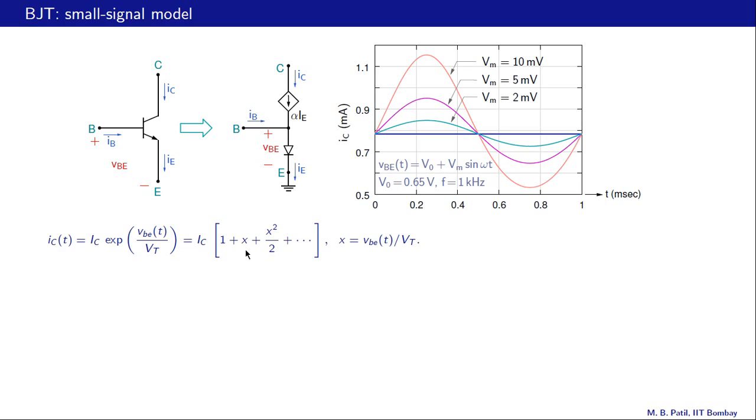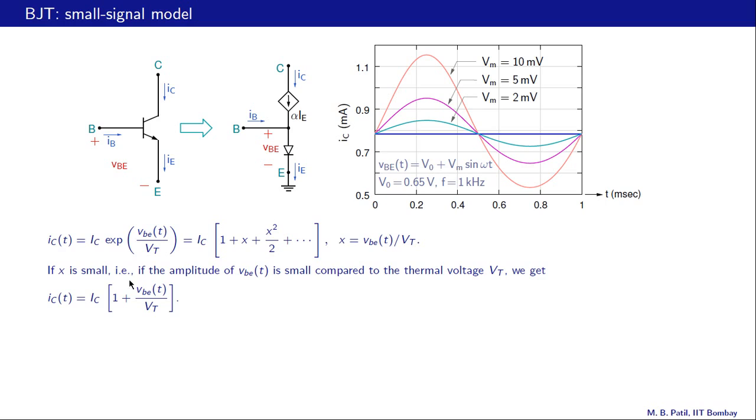Since our x is small in magnitude compared to 1, we can ignore terms like x squared by 2, x cubed by 6, and so on, as compared to x, and therefore we get IC of t as approximately equal to IC times 1 plus x.